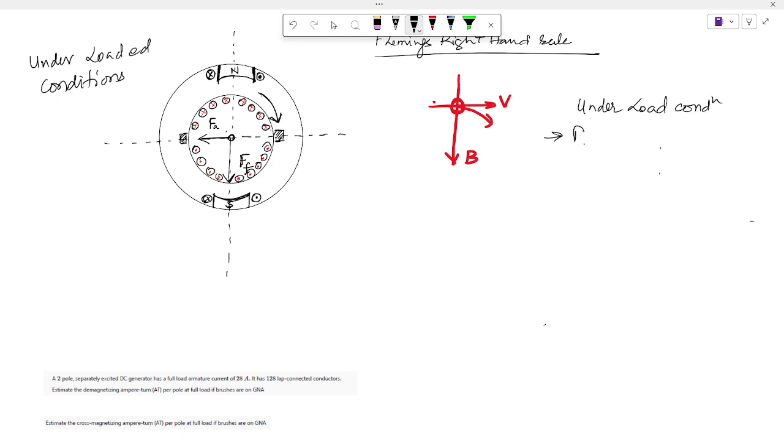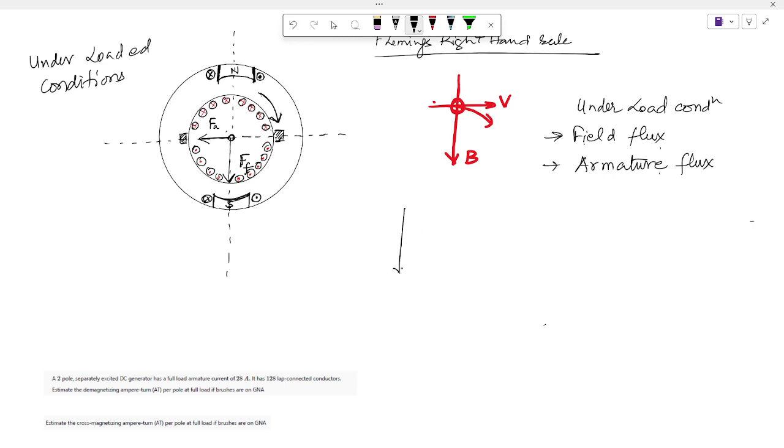We have field flux, also armature flux. Now if I ask you what is the net flux experienced by the armature, then this will be the vector sum of these two fluxes.